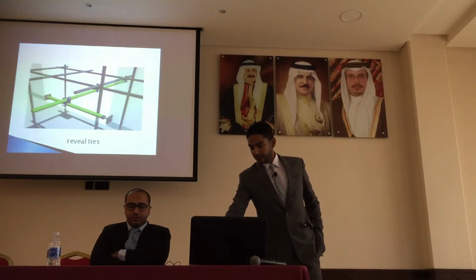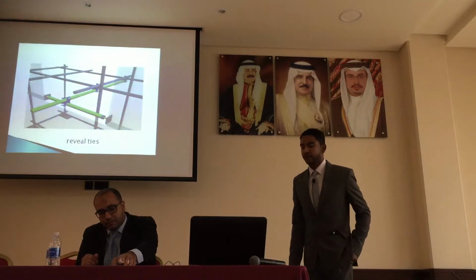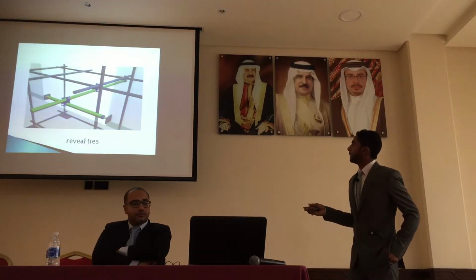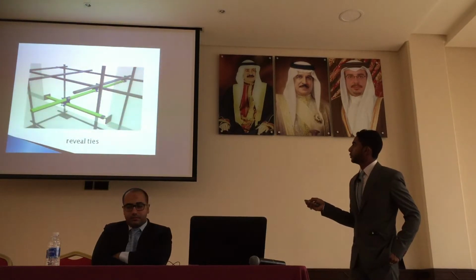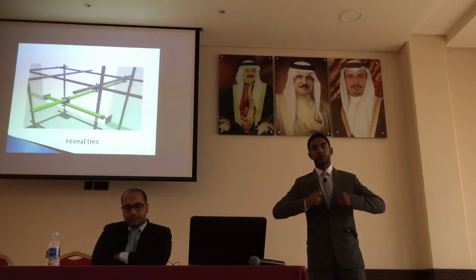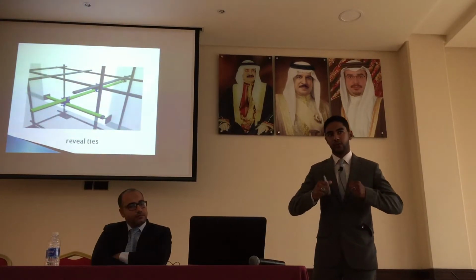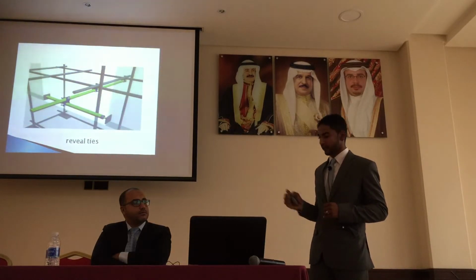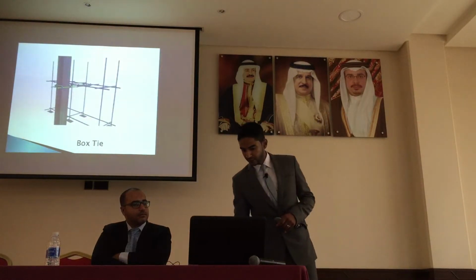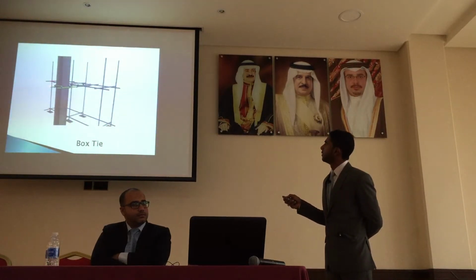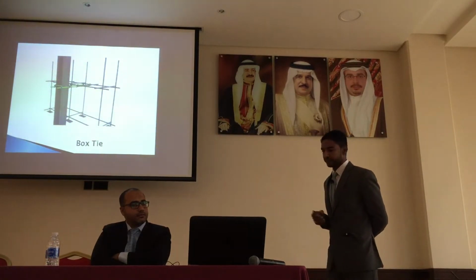Yeah, this is the first one, called reveal tie. Reveal tie looks like this. It has two jacks. It's just wedged in between two buildings or two walls to prevent the movement of the scaffold. This is the box tie, as it looks, it looks like a box, and it's very recommended.